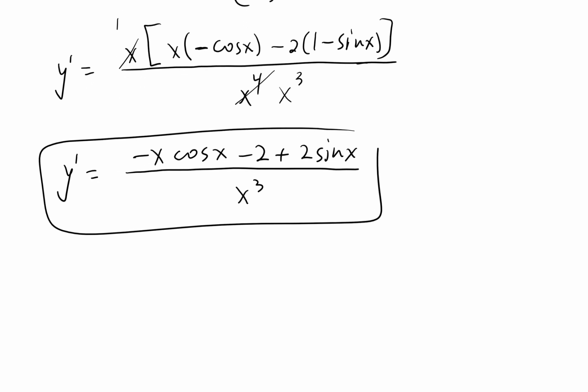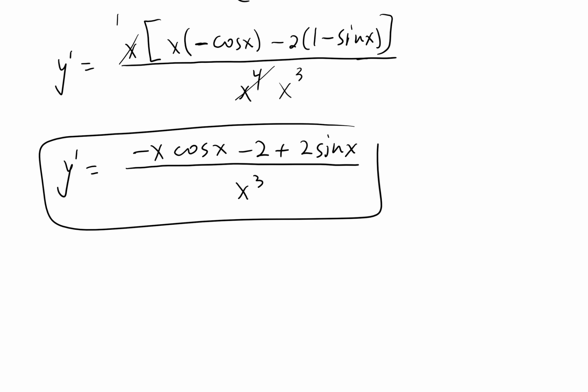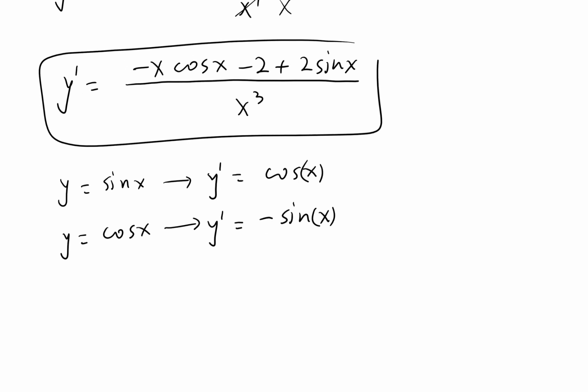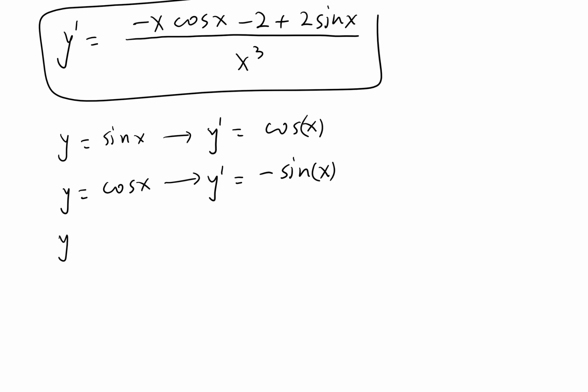Is there a derivative for cosine and other trigonometric functions? The answer is yes. So again, if y equals sine x, y prime is cosine x, and we proved that. If y equals cosine x, y prime is negative sine x, and we can prove it the same way as we proved the first one. How about tangent? Tangent of x, y prime is secant squared of x.